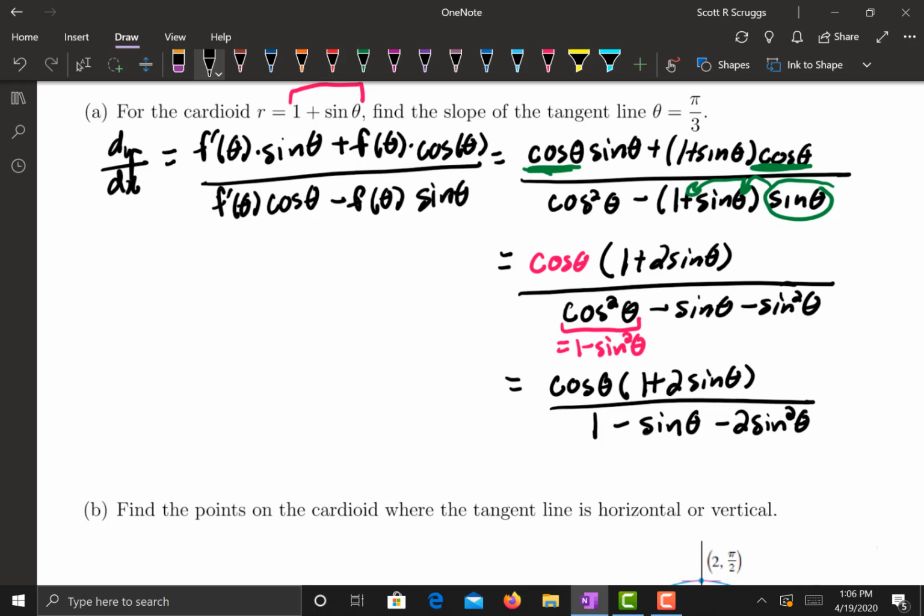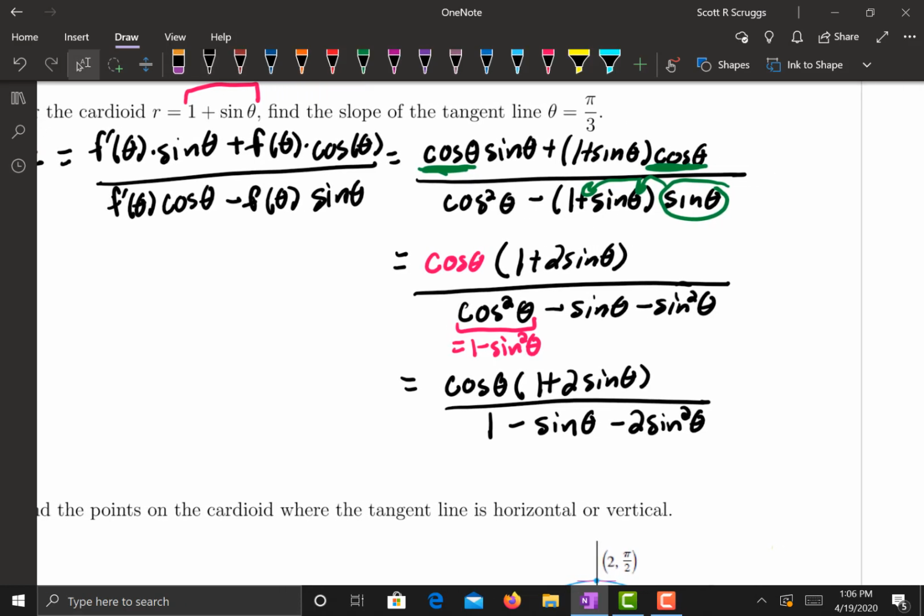And while it looks bad to plug that in for pi over 3, I'm going to do one more rewriting, and that is because I say that the denominator equals the following.